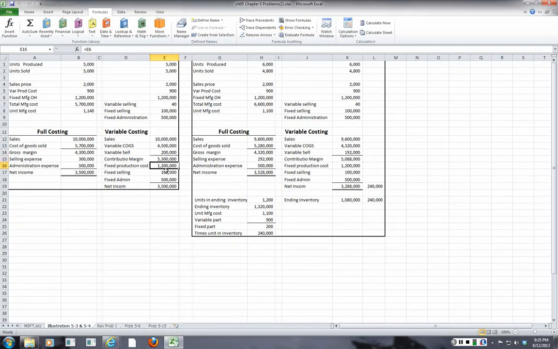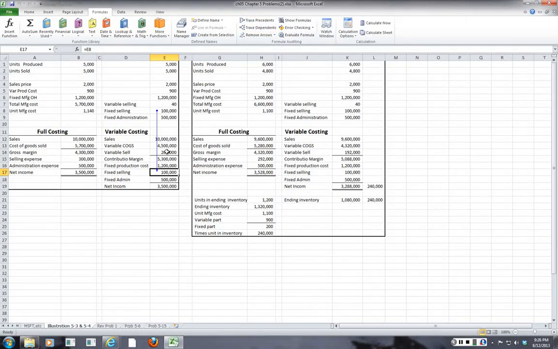And from that, we deduct the $1,200,000 of fixed manufacturing overhead. And from that, we're going to deduct the fixed portion of the selling expenses. Over here, the selling expense is $300,000.